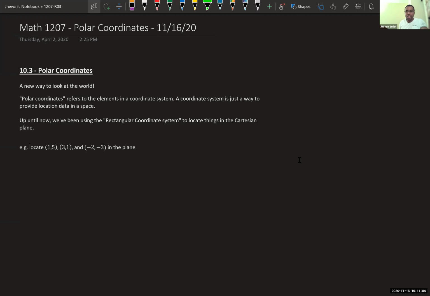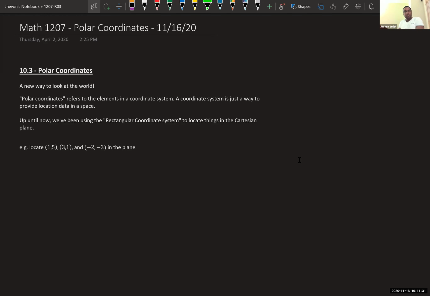No one ever uses the shell method outside of Calc 2, and that's across the board. I don't care if you're in physics or whatever. No one's going to find a volume with the shell method. Everyone uses double and triple integrals after a certain point. In Calc 2, they teach you about the horse and buggy, and you're like, yeah, but everyone drives a car.